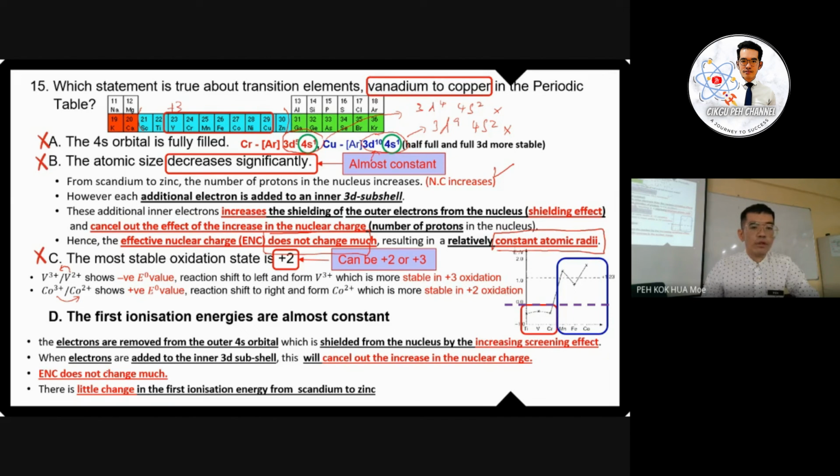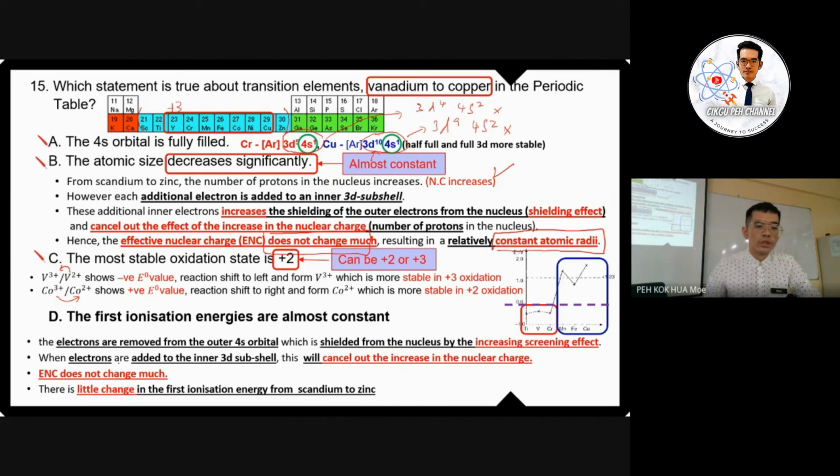Okay, so this is the difference between transition metals and others. Comparing period 2 and period 3, we can see that the nuclear charge increases and overall the radius decreases. But for the transition metals, the overall increase of the nuclear charge is cancelled out by the shielding effect due to the repulsion of the inner electrons.